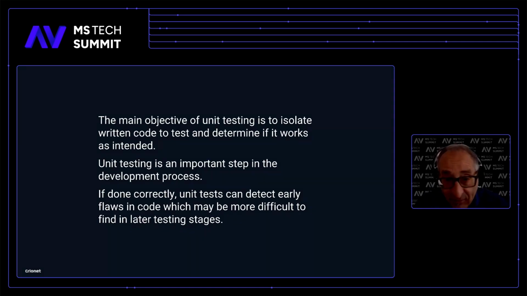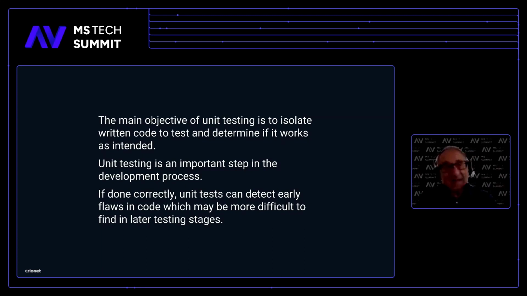Third statement: if done correctly, unit tests can detect early flaws in code, which may be much more difficult and costly to find later in testing stages. Three statements that you will find everywhere if you Google around, even if you ask ChatGPT, you'll get this more or less.